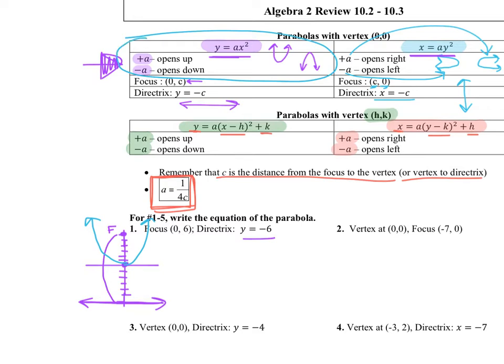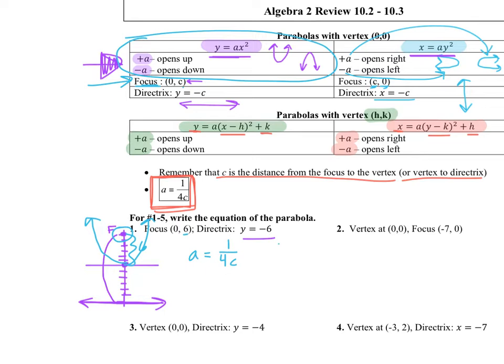And it's a positive a, so a is going to be positive, and then you've got to figure out, how do you find a? Well, a is 1 over 4 times c, and if you recall, in this type of equation, our focus is at (0, c). So if our focus is at (0, 6), my c, this distance, is 6.